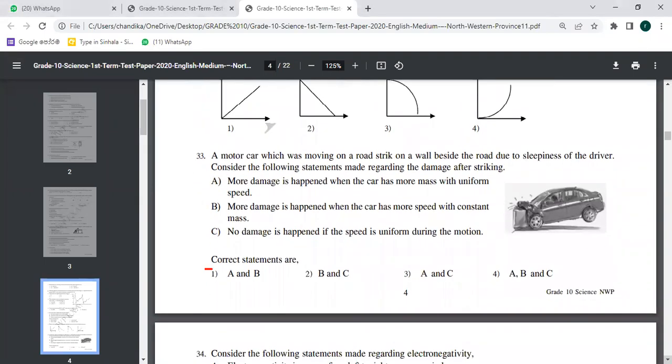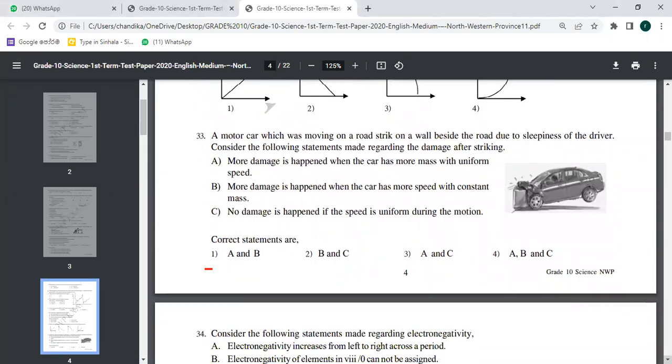Question number 33. A motor car which was moving on a road struck a wall beside the road due to sleepiness of the driver. Consider the following statements made regarding the damage after striking.